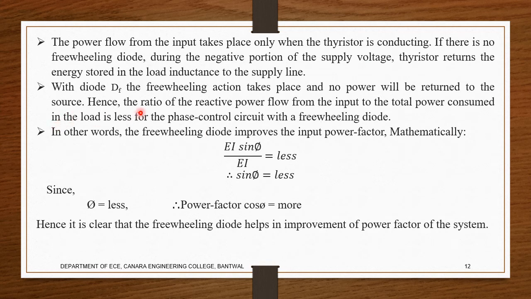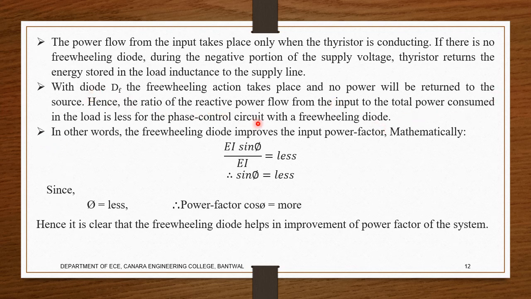Now the power flow from the input takes place away from the thyristor's conduction. If there is no freewheel diode, during the negative portion of the supply, the thyristor returns the energy stored in the load to the supply line. With the diode here, the freewheeling action takes place and no power will be returned to the source.